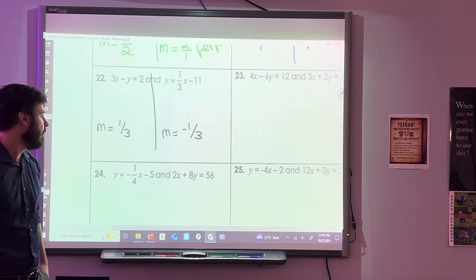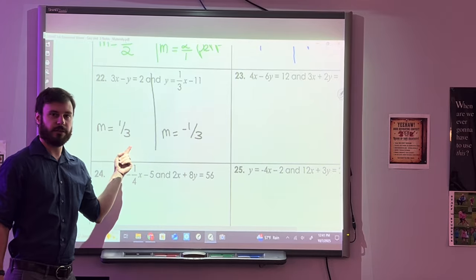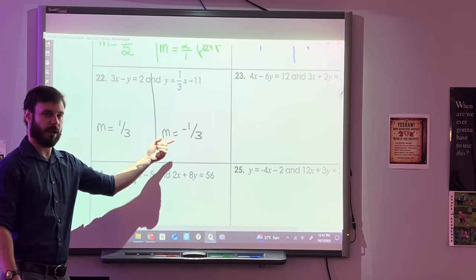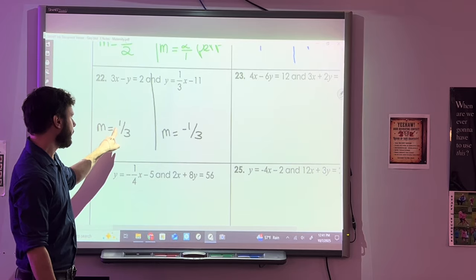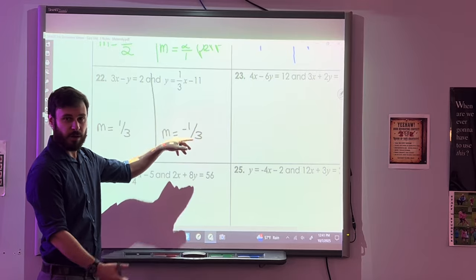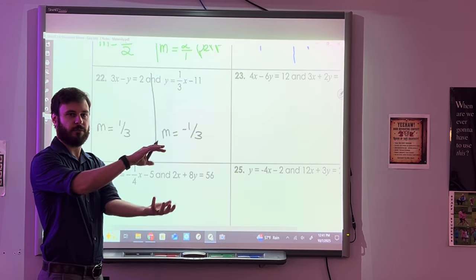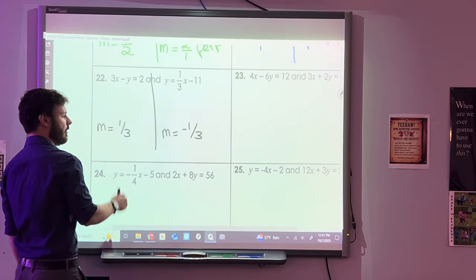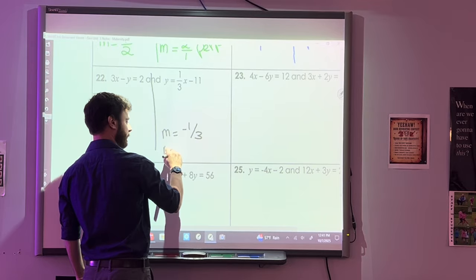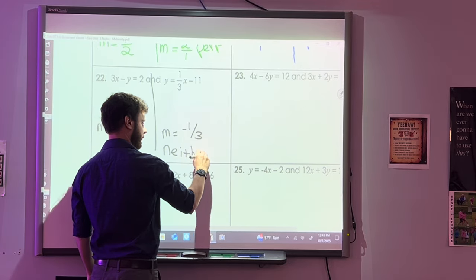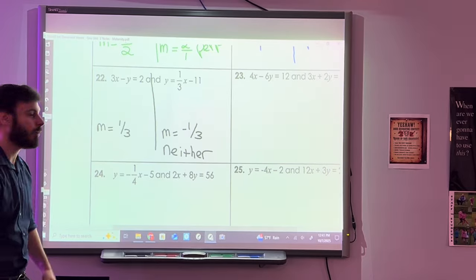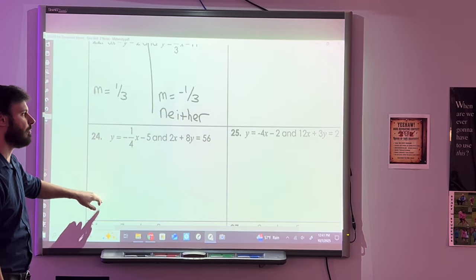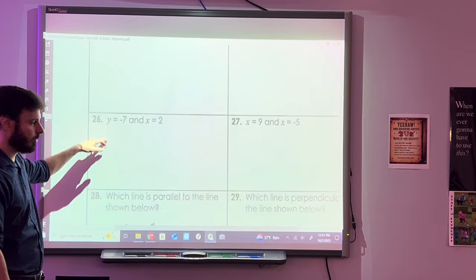Well, they're not exactly the same, so they're not parallel. One's positive, one's negative. The number doesn't matter in that case. It's not perpendicular either because I need that flip, and I don't have that here. So this is neither. That maybe is an example of what one might look like, but I'm not going to do all these. If you want more practice, you're welcome to.